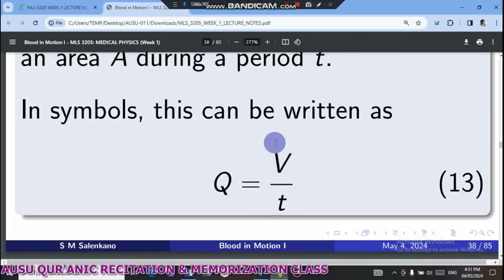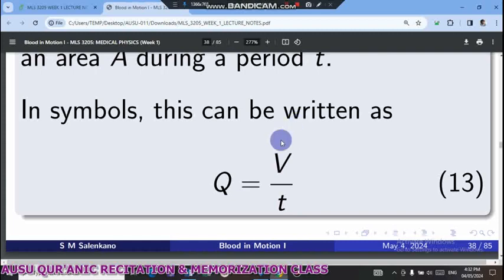For example, if I have a given point on the artery, and blood flows through that point in 1 minute, after 1 minute I get the volume of blood that passes through that point.